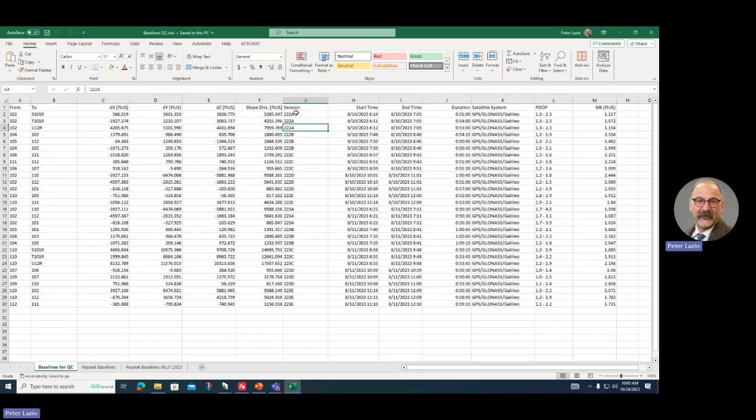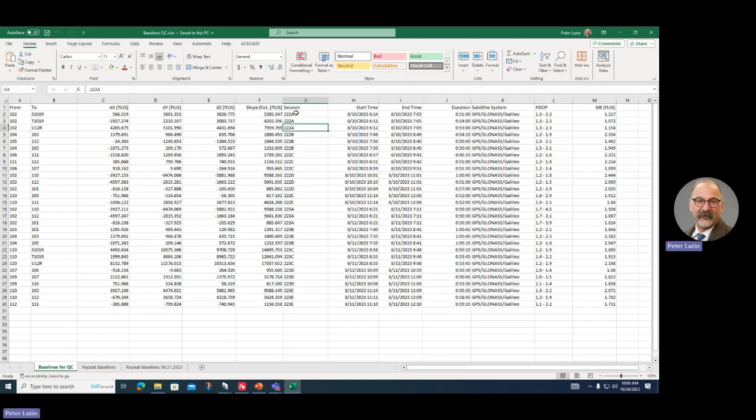We had 4 receivers running. The number of independent baselines per session is n-1, n being the number of receivers running. So you could create up to n times n-1 divided by 2 baselines per session, but only n-1 will be independent.